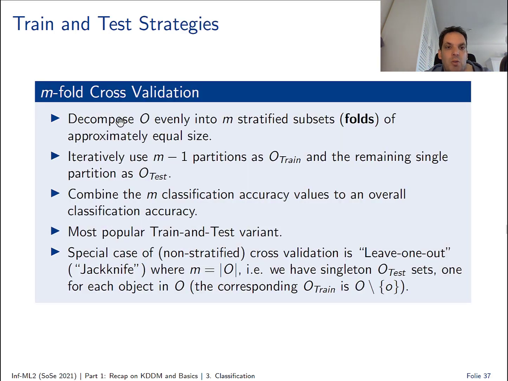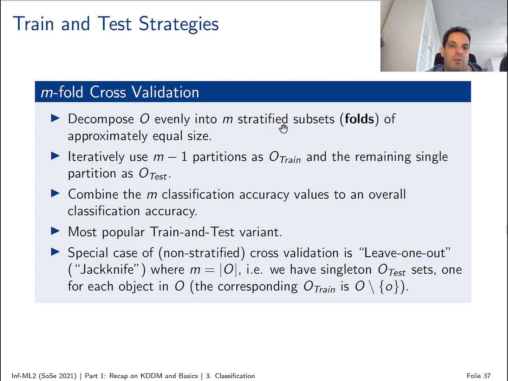There are different ways to do that, different strategies. The most prominent is probably m-fold cross-validation. In that case, you decompose not only into 2 sets, but into m subsets, so-called folds. That's why it's called m-fold. The m subsets should be stratified, meaning that the relative frequency of the class labels in the overall data should be reflected in the folds.